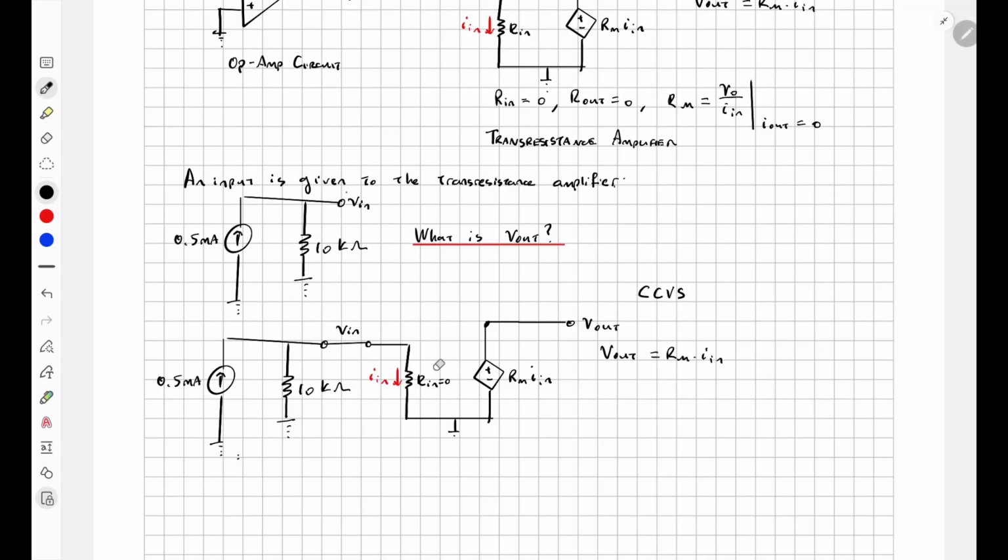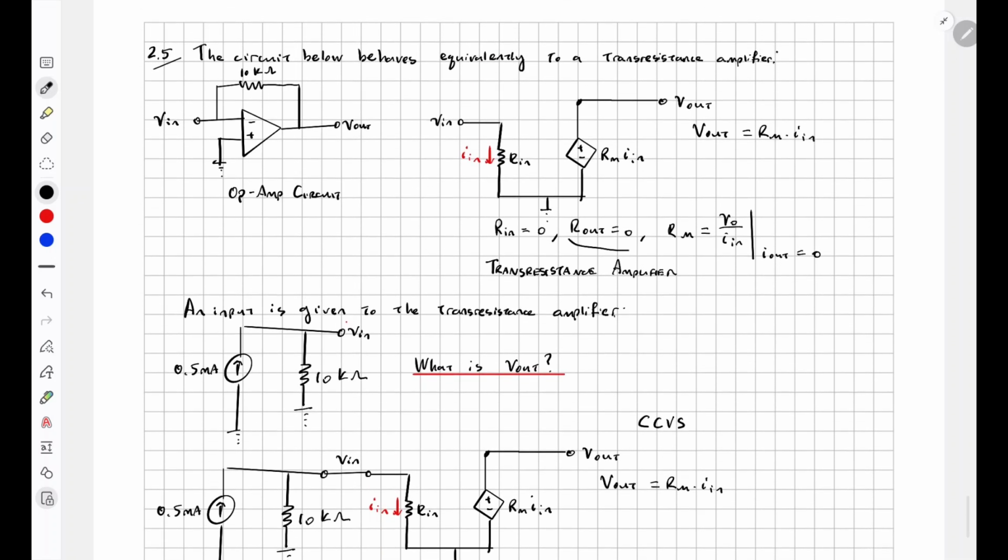They also tell us there is no output resistance. So if I apply a test signal to Vout, there is no resistance I'm encountering to reach the op-amp.